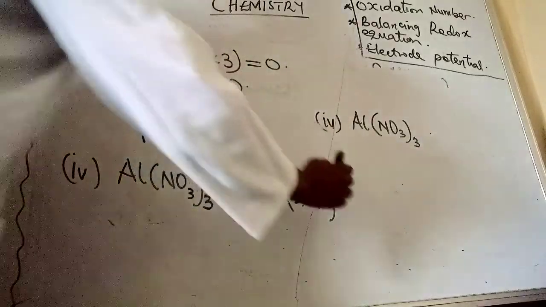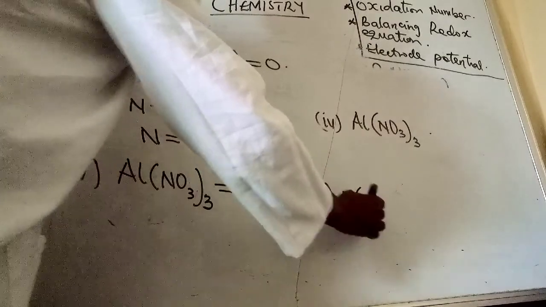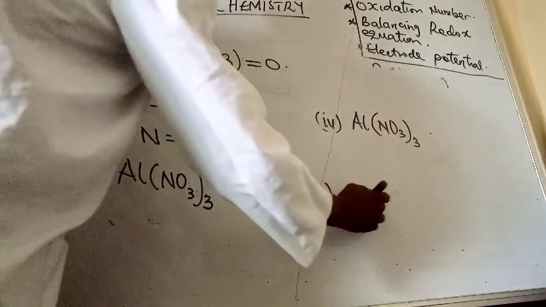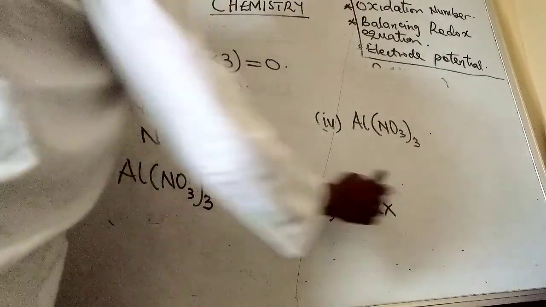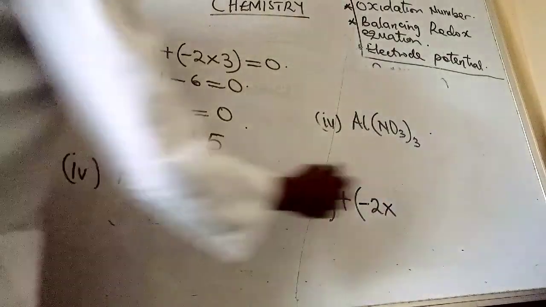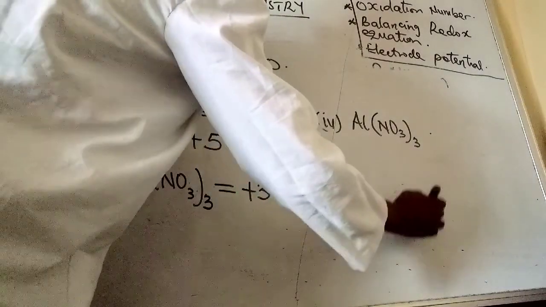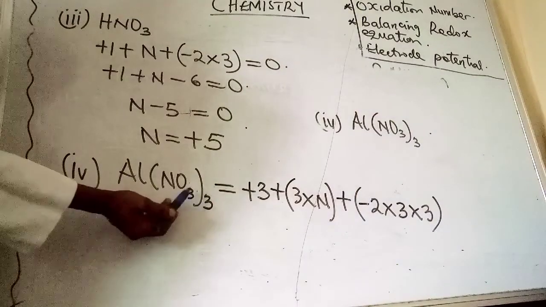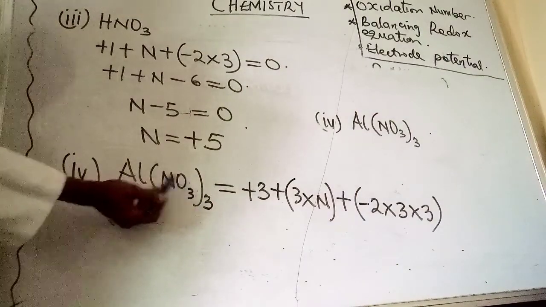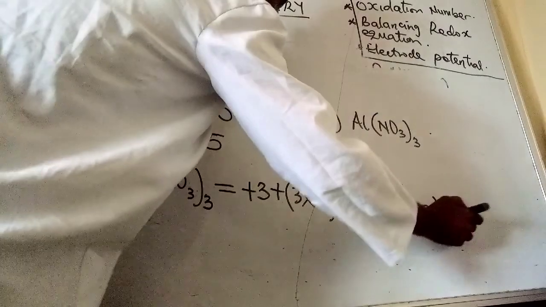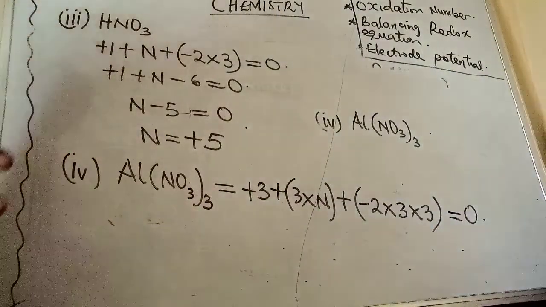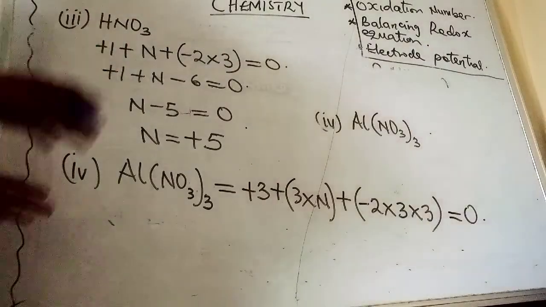Plus open bracket, the oxidation number of oxygen is -2 times the 3 inside, then times 3 outside, because it will be 3 times 3 then times -2 of this. Everything equals to what? 0. Like I told you, we are dealing with a compound, everything equals to 0.